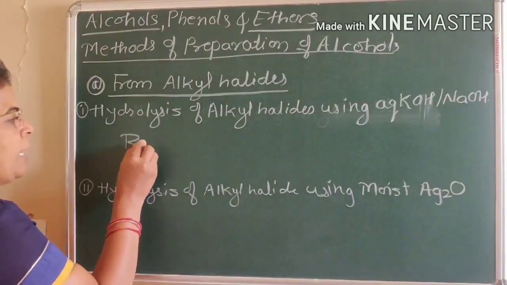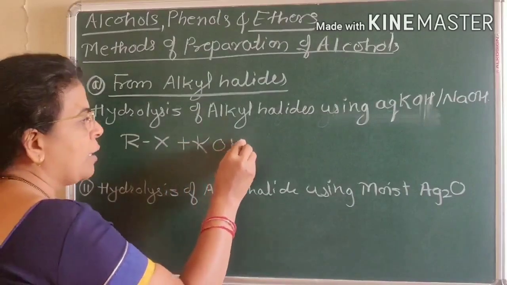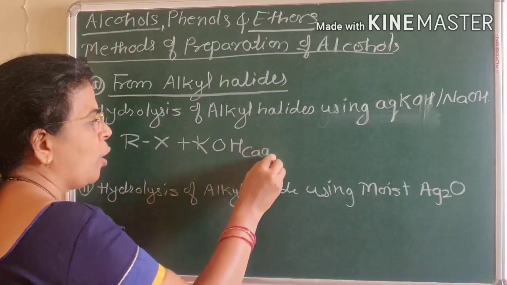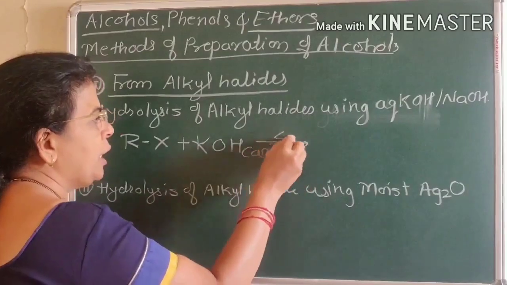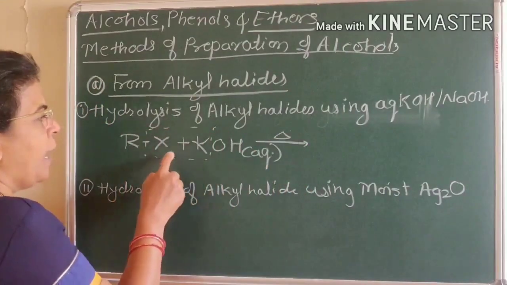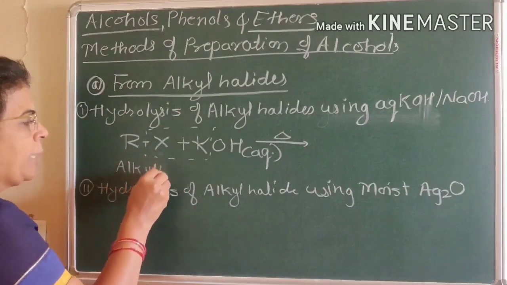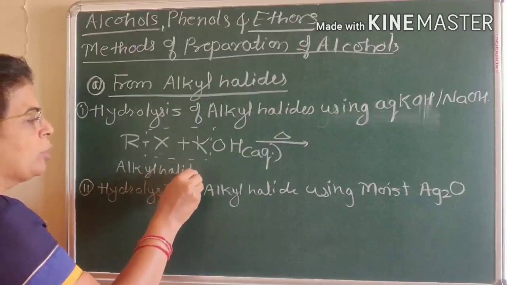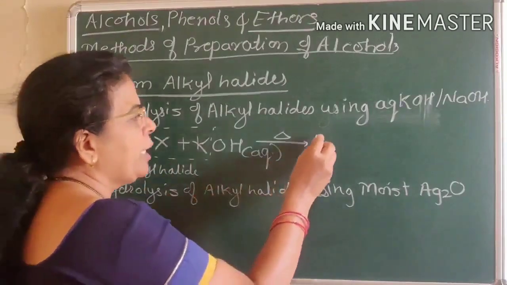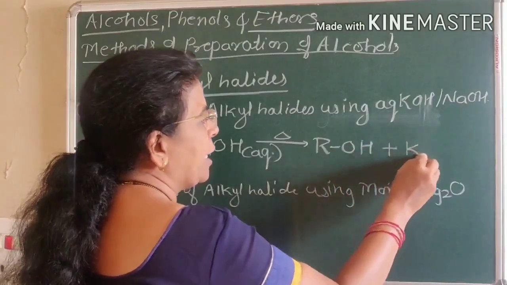This is alkyl halide RX. When it is boiled with aqueous alkali like KOH or NaOH, then simple substitution reaction takes place and the halogen atom from the alkyl halide is replaced by a hydroxy group, and we get ROH plus KX.